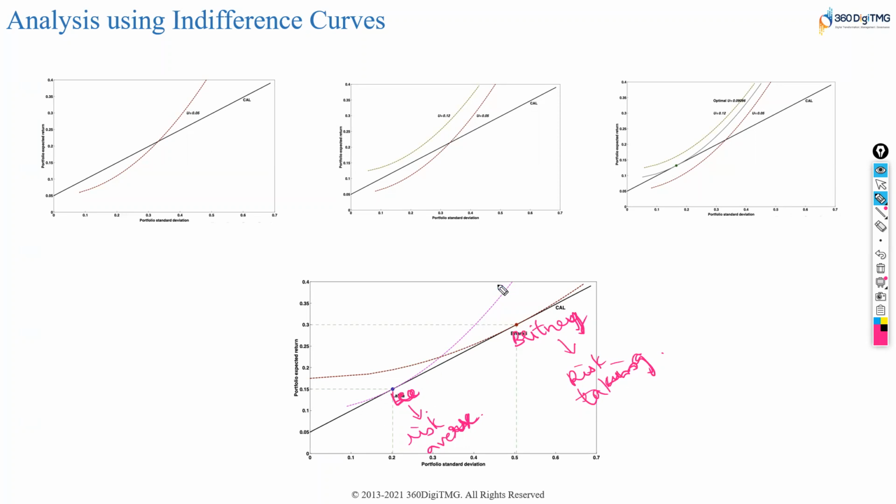So steeper the curve, more is the risk aversion. Okay, and flatter the curve, less is the risk aversion.